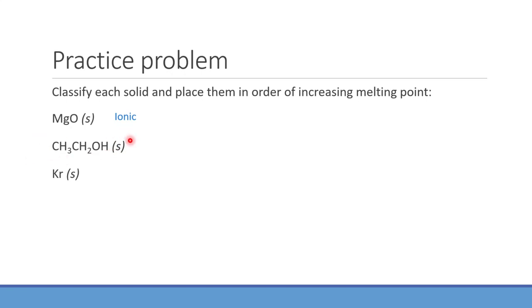So this is most likely to be a molecular solid. Finally, we have krypton all by itself. It is a noble gas, which tells us that it is an atomic non-bonding solid.